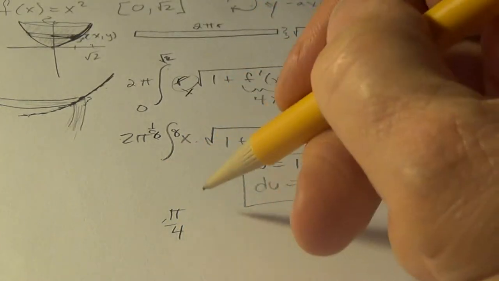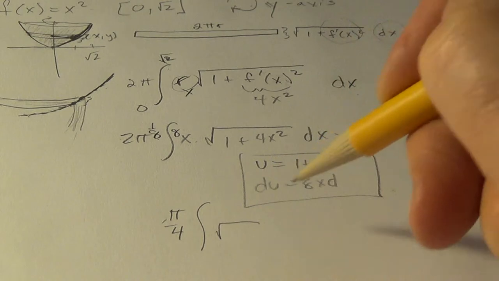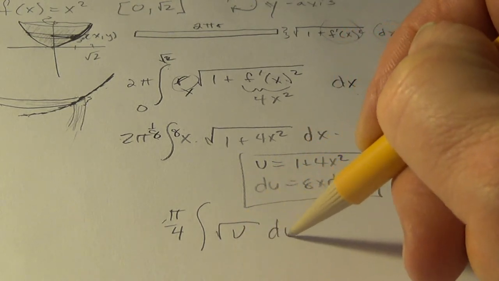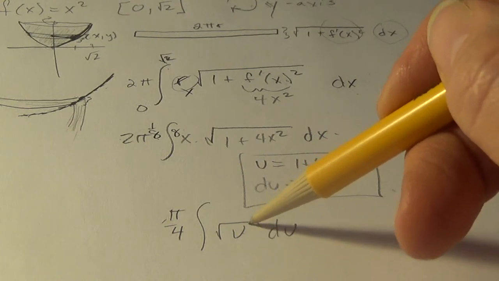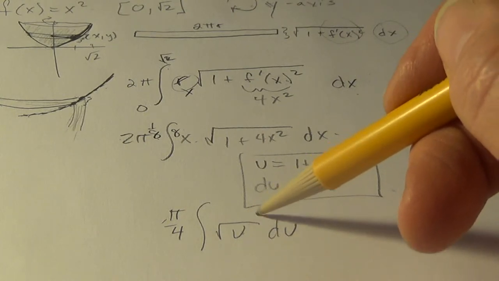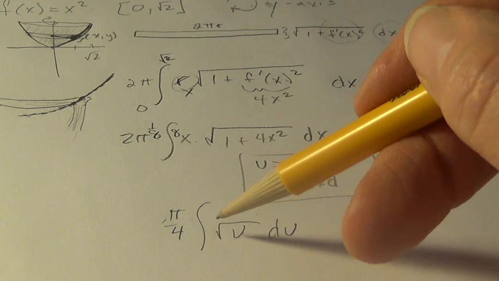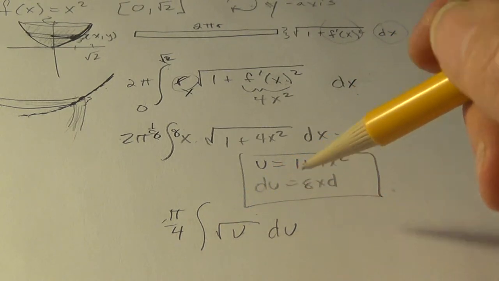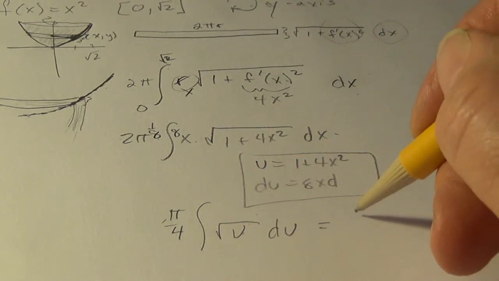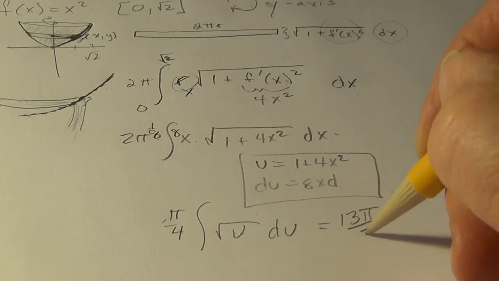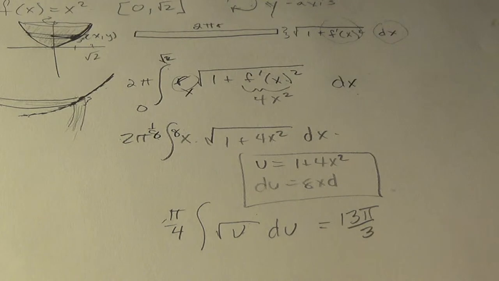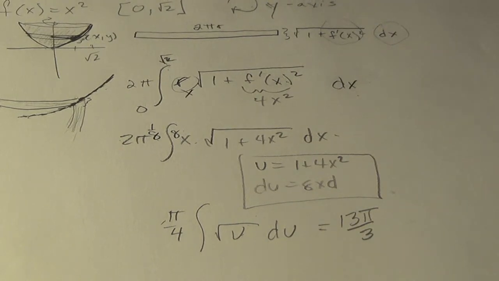And this integral becomes the square root of u du. From there, we'll integrate. Square root of u is u to the 1/2. It integrates to u to the 3/2 times 2/3, etc. We didn't even finish it because it becomes like monkey math, doing integrals and plugging in numbers. It comes out to 13 pi over 3 if you want to test your skills. I was more interested in the setup.